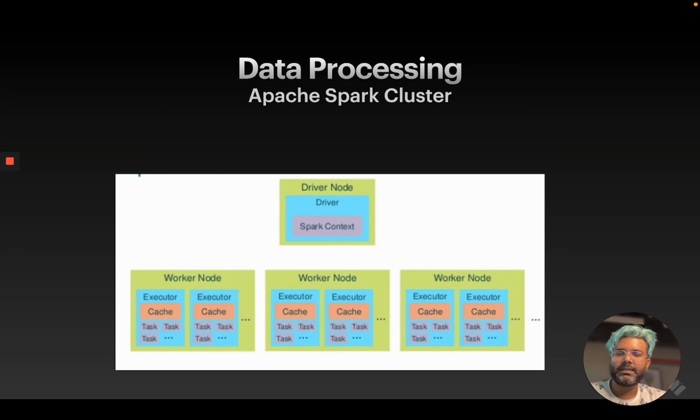Now this is the overall architecture of an Apache Spark cluster. In a Spark cluster, there are typically two kinds of nodes: a driver node and a worker node. The driver node is responsible for driving the entire execution.